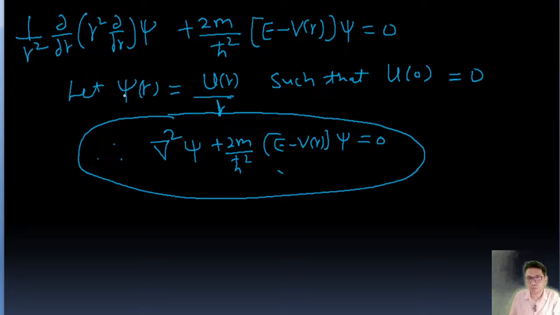Now we have the value of psi(r) as u(r) upon r, and that potential V is a function of r. Now we'll put the value.